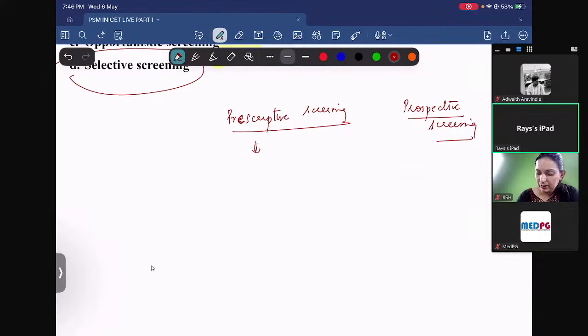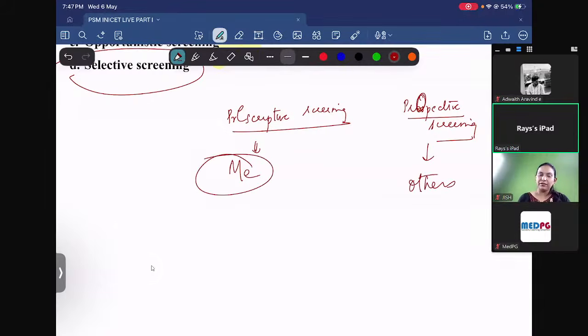You see an E here, so that is for me. And prospective, O, is for others. So I get a symptom, I have a doubt that, okay, I have some kind of disease. So I go and screen, I do a test. That is prescriptive screening where I request for the screening. Okay, and it's not from some authority or anything. I, as a patient or as somebody who has a doubt that I have some disease, I screen for my own benefit. That is a prescriptive screening.